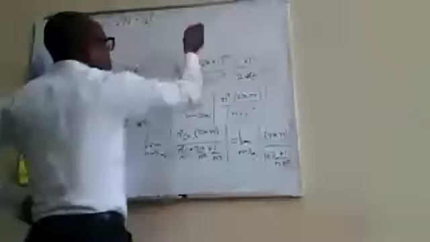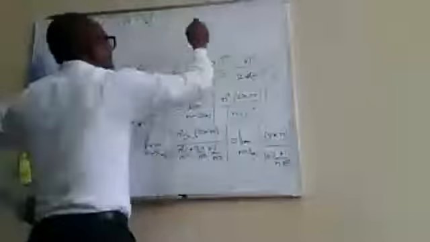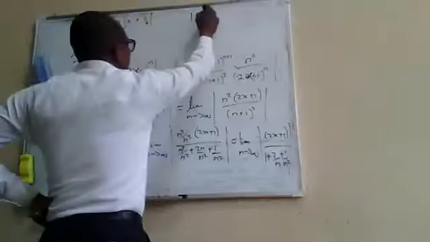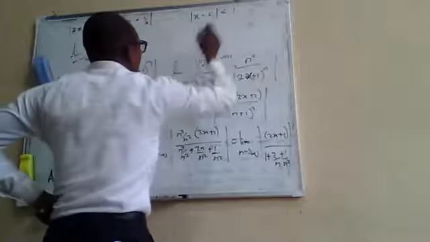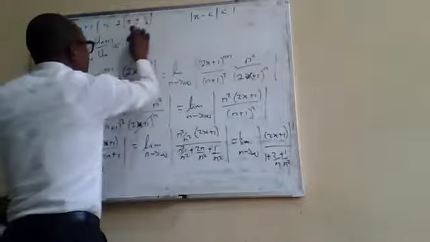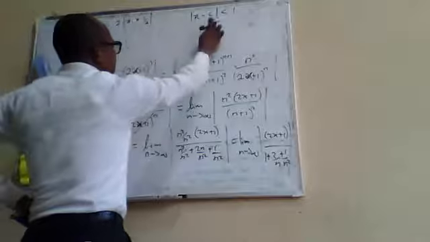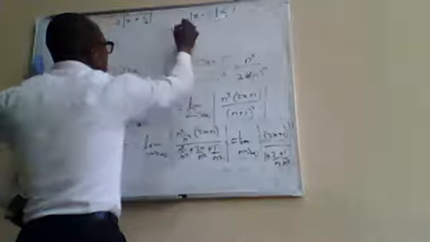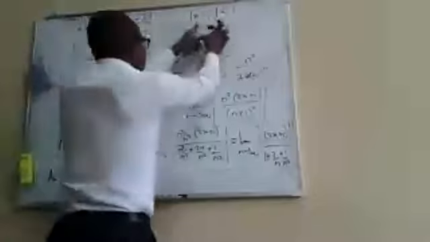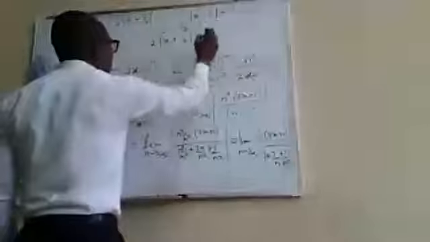And again, on the ratio, to test for the radius of convergence, it must be |x minus c| less than 1. If you compare what is found inside this bracket, inside this absolute value, you will see that your c is minus 1 over 2. So I make this look like this: 2 into |x plus 1 over 2| less than 1.